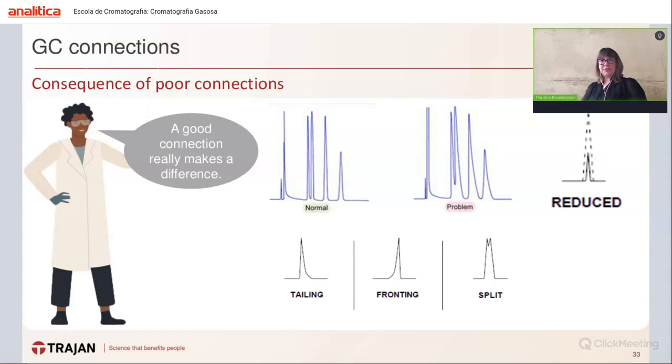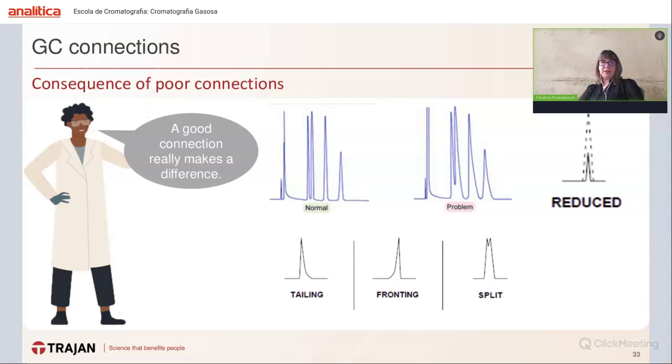And this can be observed straight after installation of the connections. We can see the same problems arising from the columns, as I've explained in the last session. But this time, the problematic peaks, so tailing, fronting, will be visible straight away if the issue is associated with the poor connections.